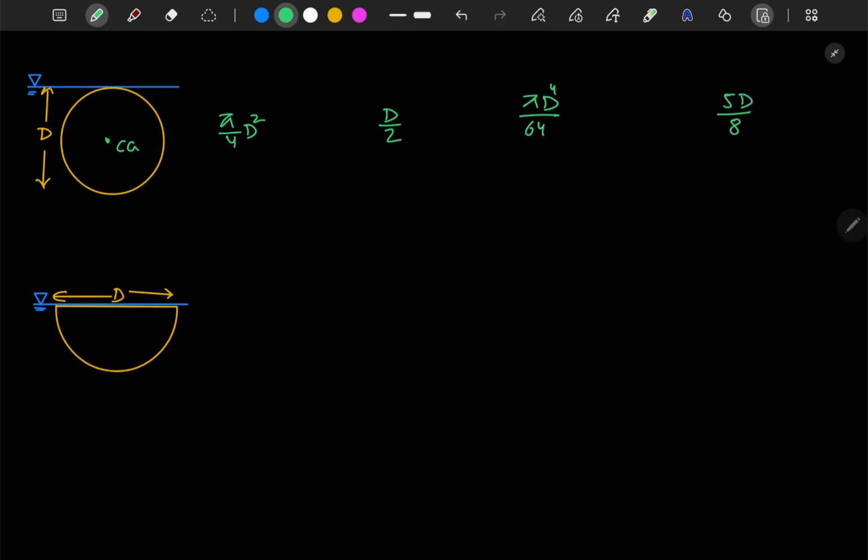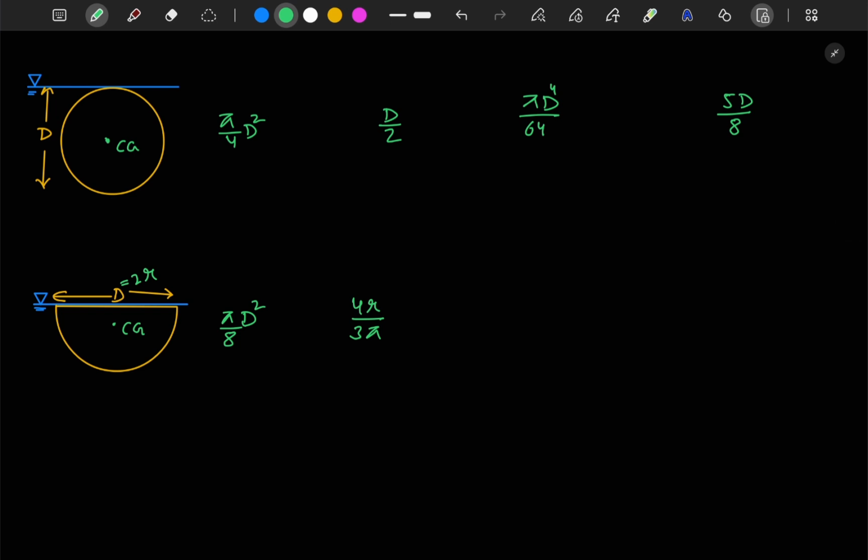In case of a semicircle, the area will be pi by 8 d square, half of the circle area. Let's say the diameter is equal to 2r. Here CG will be 4r upon 3 pi, which is your distance to CG.